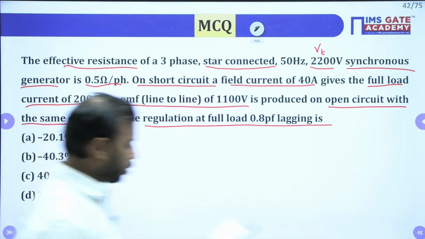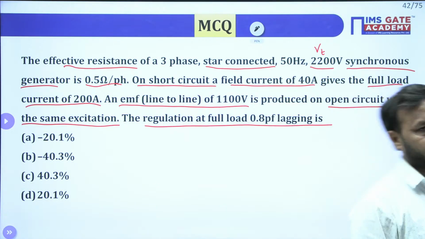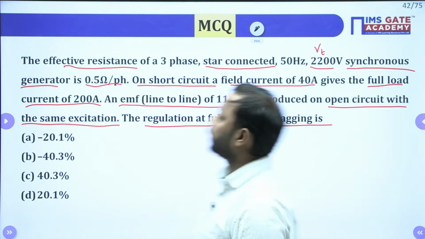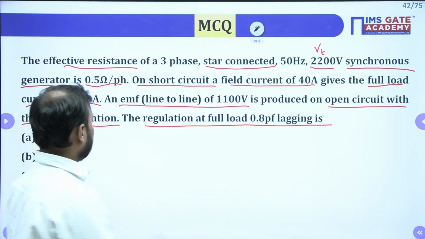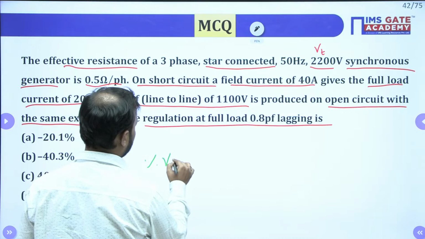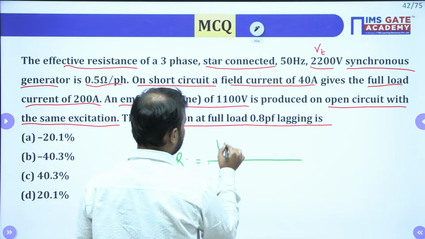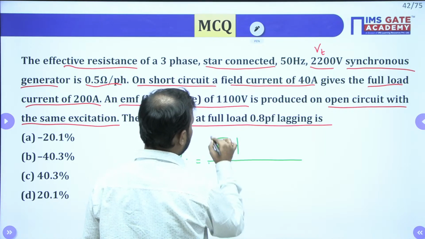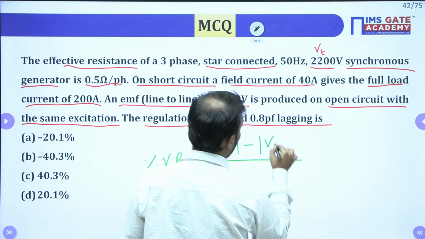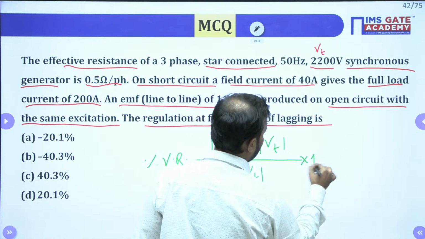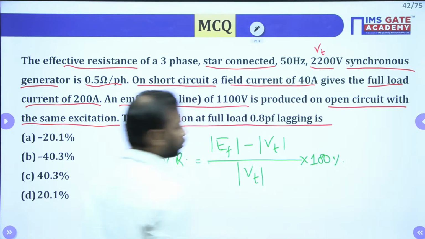Okay, so how to calculate, guys? Percentage voltage regulation is calculated as the magnitude of EF minus the magnitude of Vt, whole divided by the magnitude of Vt, into 100%.